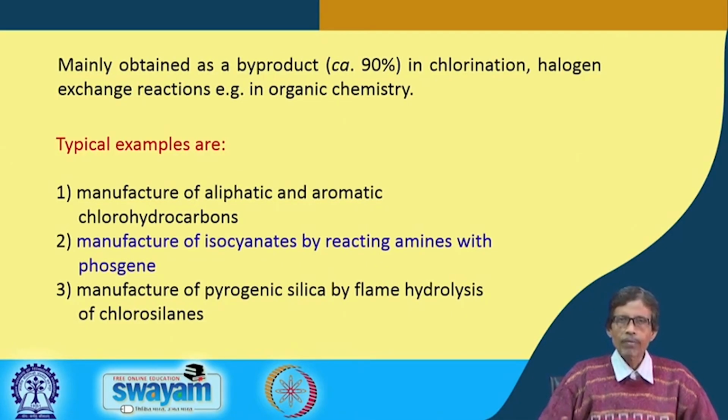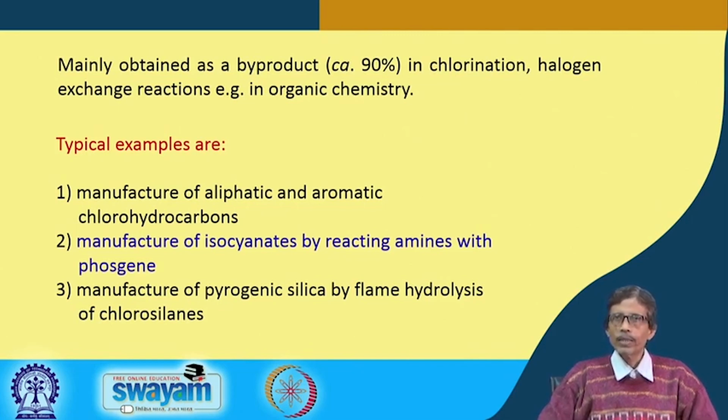So if we have a chlorination reaction for hydrocarbons on an industrial scale, where we are trying to produce a huge amount of that material, we should not ignore the production of HCl, because HCl is a gas. It can come out from the reaction medium, the reactor, a huge reactor.